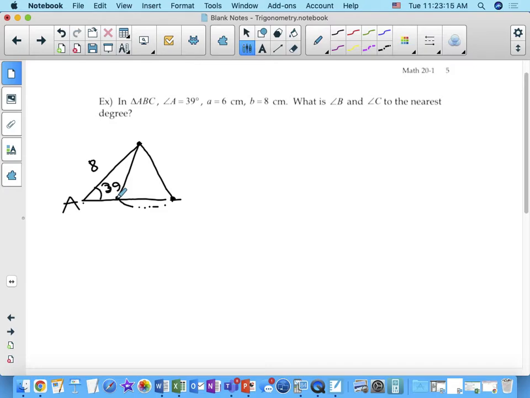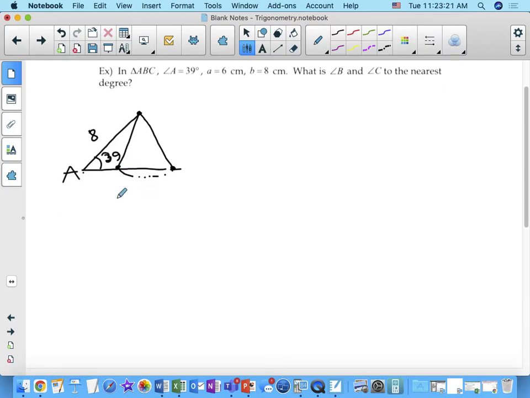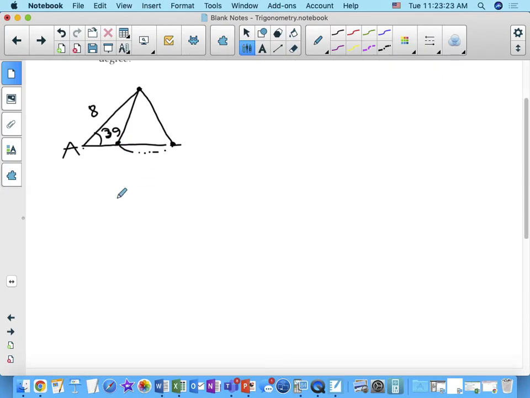Okay, so what I'm going to look at first is the bigger one, because when I use the sine law directly, I don't have to do any other work to just get that triangle. Okay, so I'm going to draw those two triangles separately. Once I establish that I'm dealing with an ambiguous case, I'm going to do this in 2 parts.